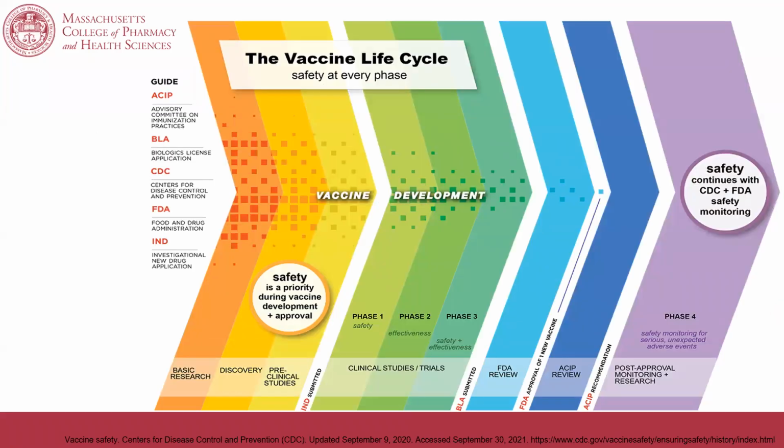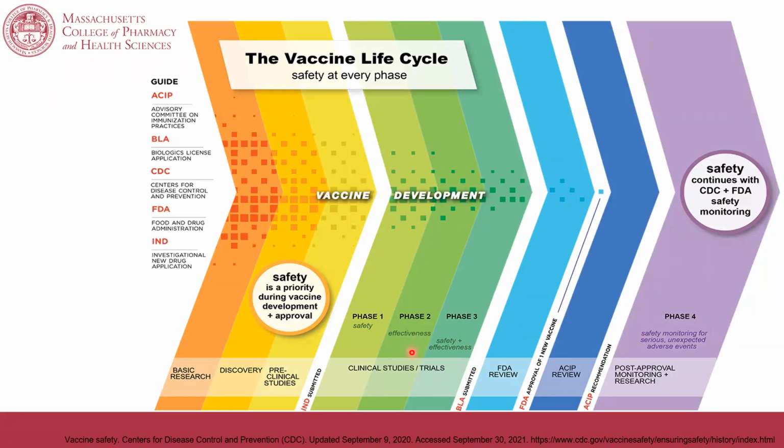And so again, if you're a visual person and you like to see the whole process in one easy diagram, I found this great image here where you start with the basic research, discovery of the disease and the pathogen, you do the preclinical trials, you submit the IND, and then you go into the clinical trials in humans. And that's where you look for safety and efficacy.